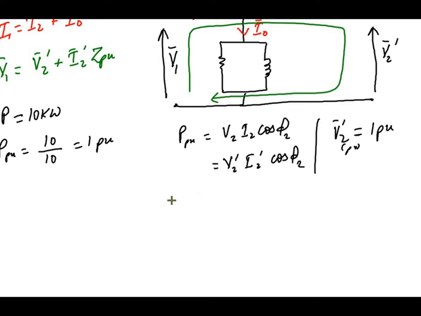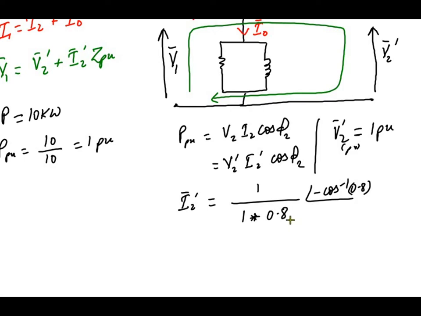Now let us calculate the value of I2 dash. I2 dash will be equal to P in per unit, which is 1, divided by V2 dash in per unit, which is 1, and cos phi 2 is 0.8 angle minus cos inverse 0.8, because the power factor is given as 0.8 lagging.